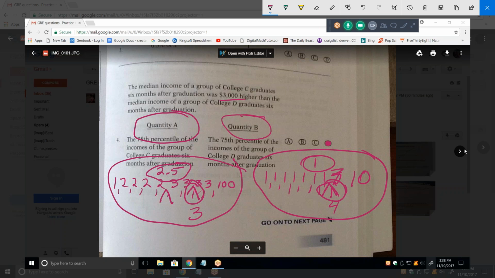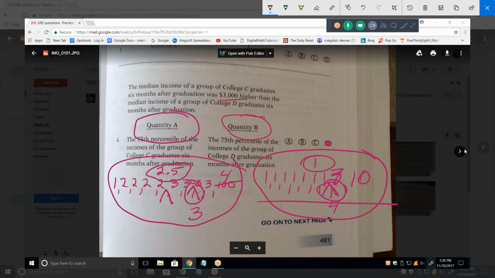Notice how skewed I had to make those numbers. I had to make the first 7 numbers all 1, and then I had to make the last 2 numbers big. Whereas over here, I made the first 9 numbers all small, and then the last number really big. And it really didn't require 100 there. I could have made that 4 and done the same thing.